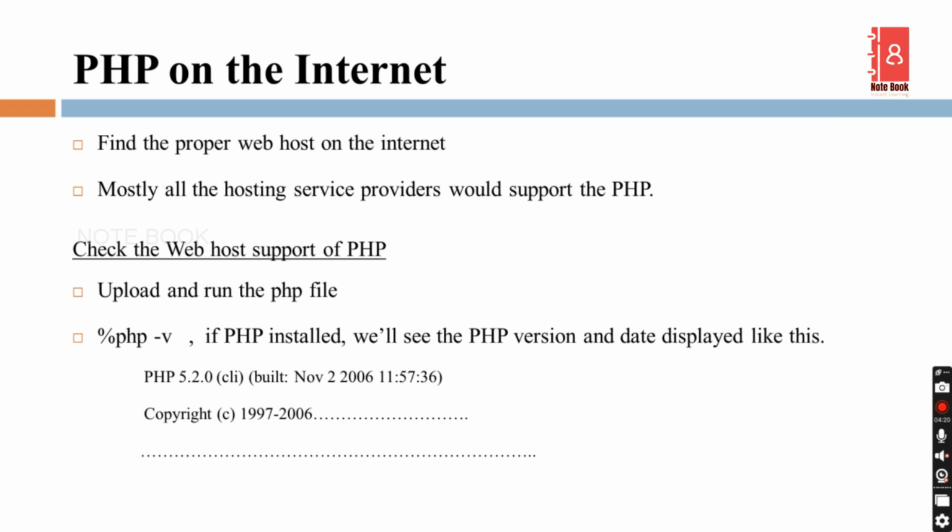If PHP is installed, then we can see the PHP version and date displayed in the following manner. PHP 5.2.0, then CLI, built November 2, 2016, 11:57:36. The date, time, everything will be displayed with a copyright message: Copyright 1997 to 2006.